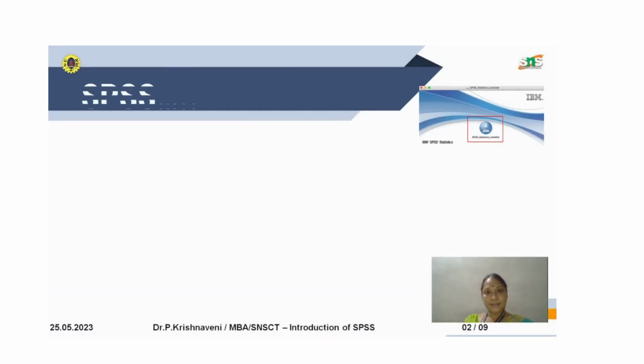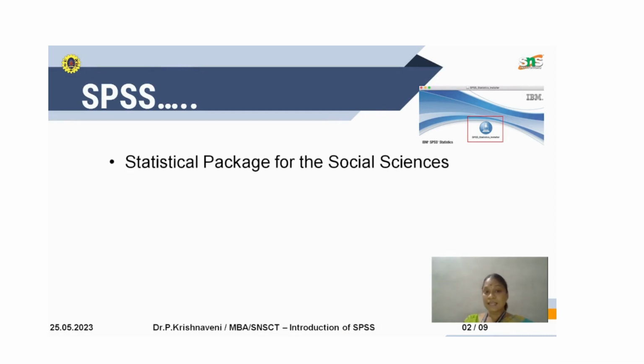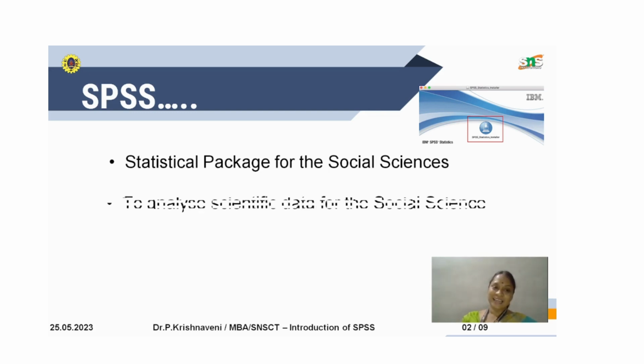SPSS is actually the Statistical Package for the Social Sciences. This package contains various tools and techniques which are used in the social sciences. They are very powerful tools, which help us make good decisions in our daily life and also for making strategic decisions.